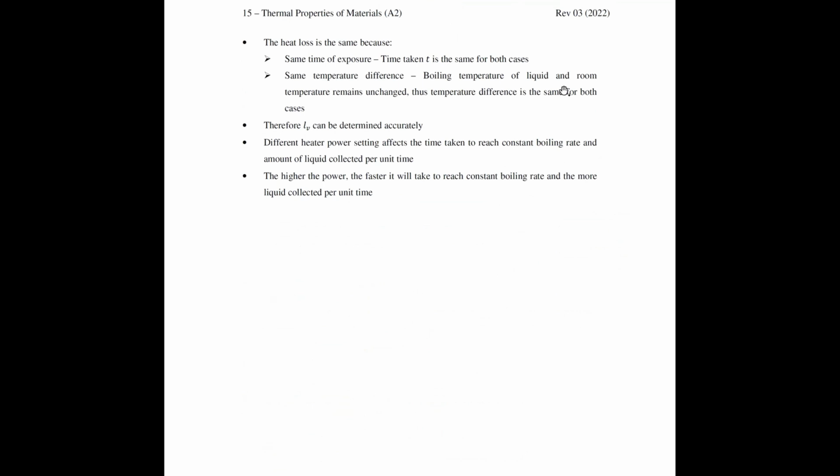We can say that the heat loss is the same because, number one, you had the same time of exposure. The time taken t is the same for both cases. You're using the same time interval here of 5 minutes. That's the reason just now I emphasized to you, you must always use the same time interval. So you had the same time interval in the first place for both cases.